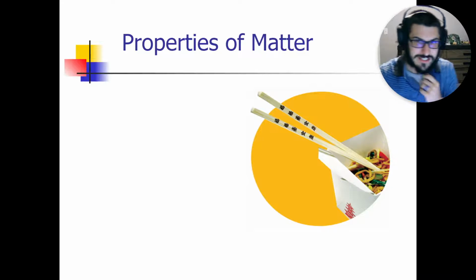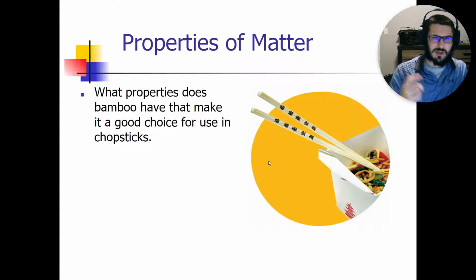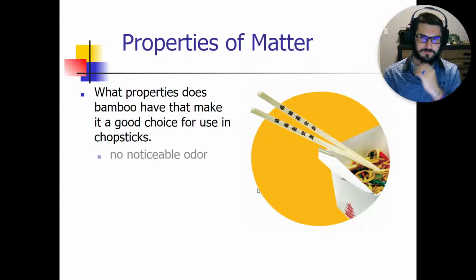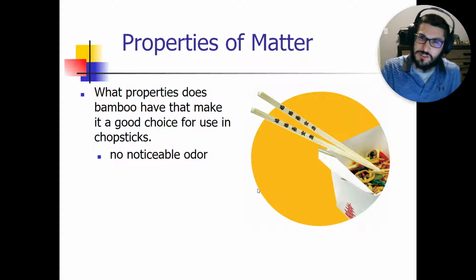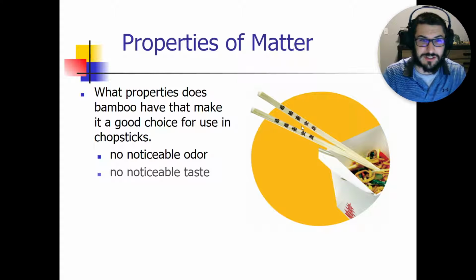Properties of matter, like these bamboo chopsticks. What are some of the properties of bamboo that make it a good choice for chopsticks? Some of the things that you might have come up with are that it doesn't really have much of an odor, which helps because it doesn't impact the way that you are tasting.